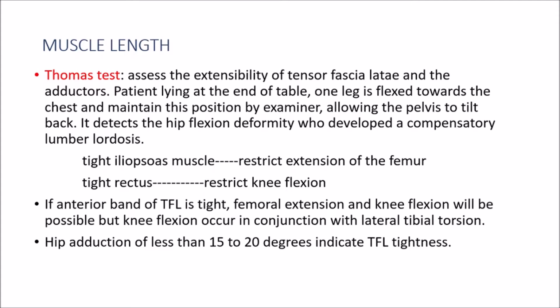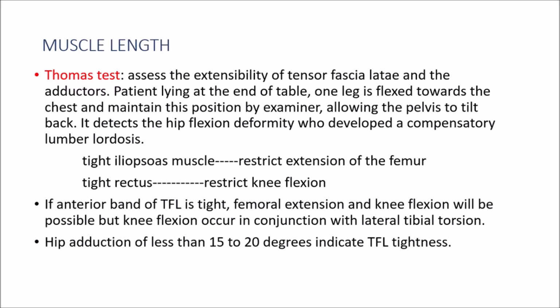It can also be used to assess the extensibility of the tensor fasciae latae and the adductor muscles, like the iliotibial band of the tensor fasciae latae. What happens in this?